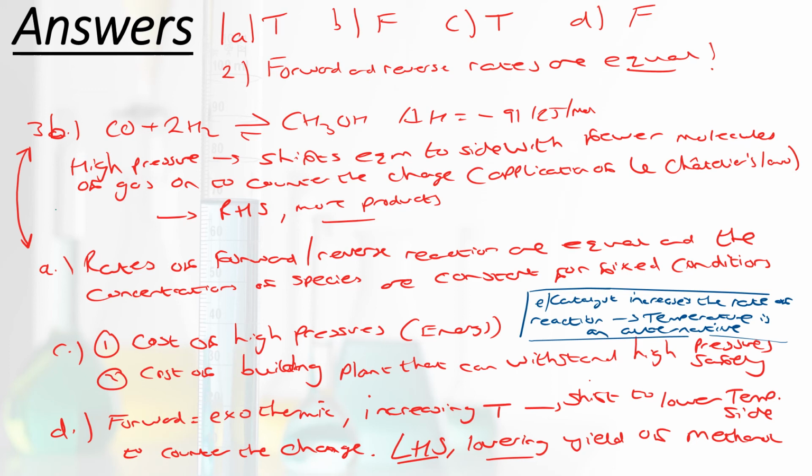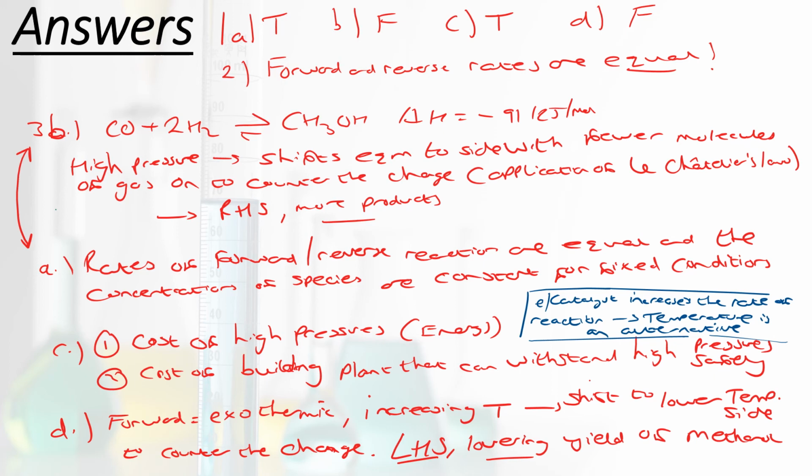And then the final question here was to state the effect of an increase in temperature on the equilibrium yield of methanol. We were given here that the forward reaction was exothermic. It released heat, had a negative enthalpy change. And so if I increase the temperature, the equilibrium will want to shift in a direction that opposes that change. That's our application of Le Chatelier's law.